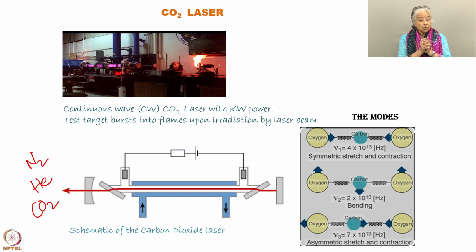Now, I must talk about what exactly the CO2 is doing, what are the modes of CO2. In this diagram I point out all the modes in a CO2. The center one, the green one, is carbon, and on either side you have oxygen. There are 2-3 modes in which this carbon dioxide molecule acts.